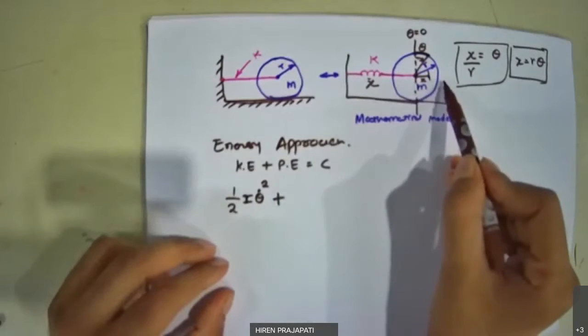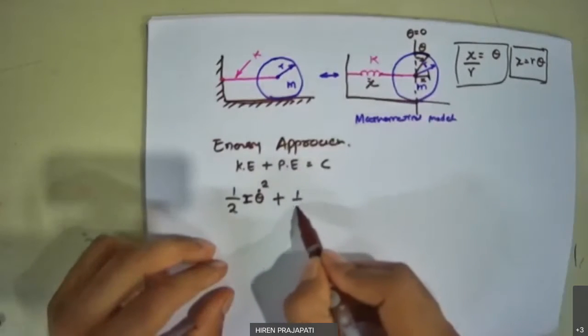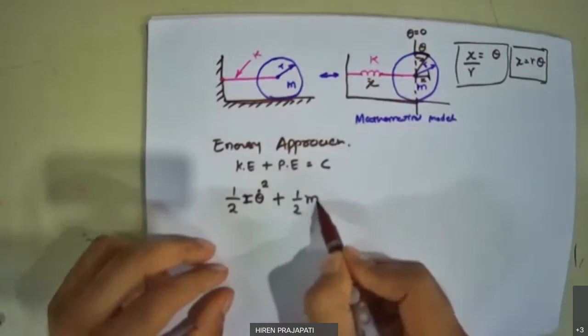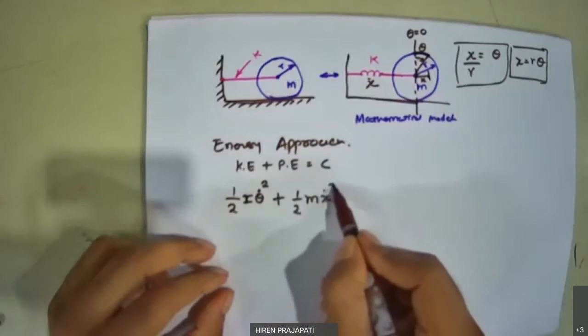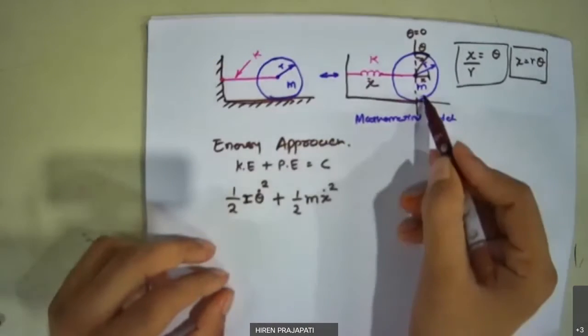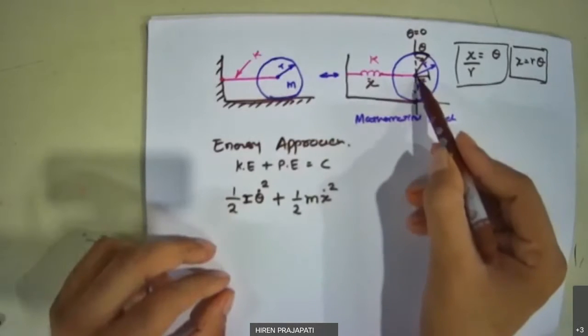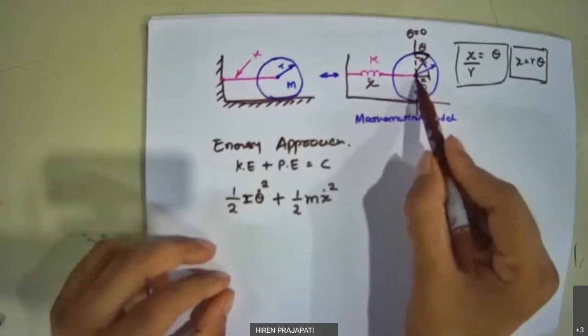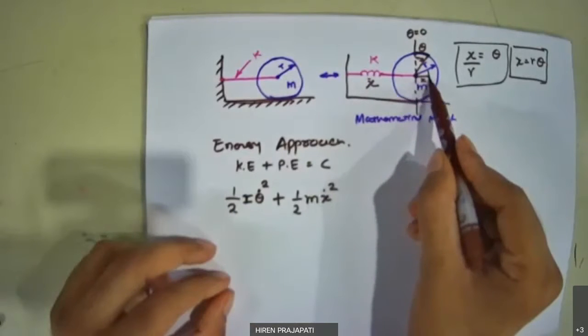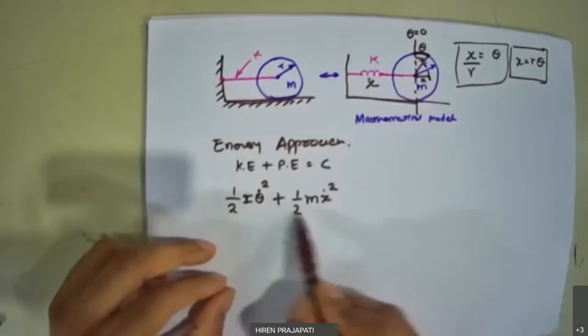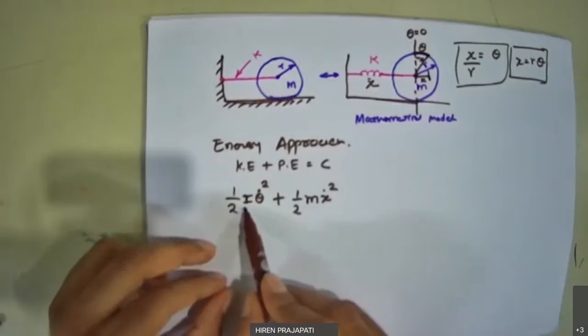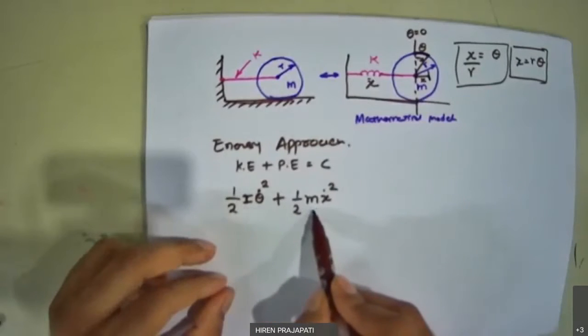So I also need to consider 1/2 m x dot square, where m is the mass of this disc. You can see the center of mass is displaced by distance x, so we need to consider both the rotating kinetic energy and the translating kinetic energy.